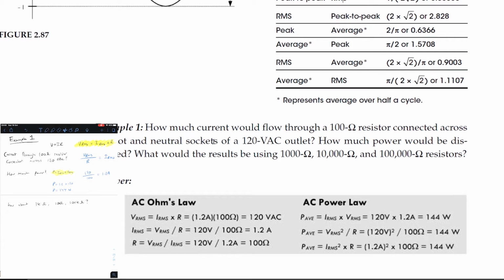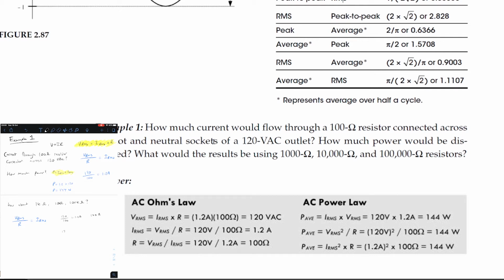Okay, so we just take this same equation here. It's just going to be like magnitudes of 10 lower, right? We've already worked out that through a 100 ohm resistor, 120 over 100 gives you 1.2 amps.